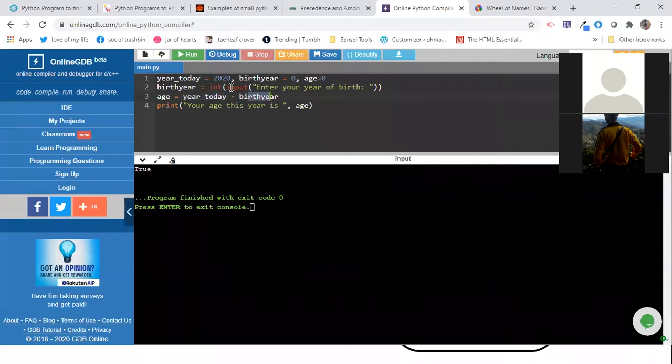So we have to use data type conversion, integer. We get the input, convert it into integer or number type, and store it to birth year. Year today is integer, birth year is integer. Subtract them, your answer will be integer. Okay?